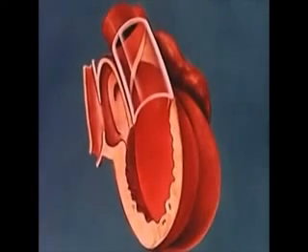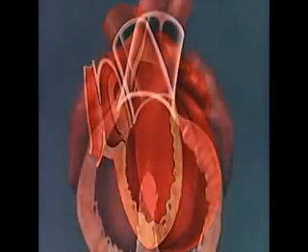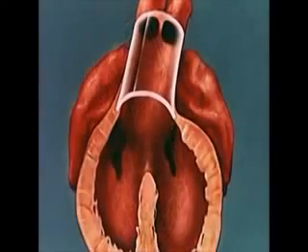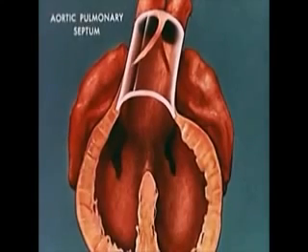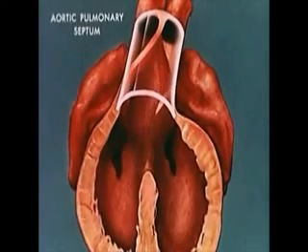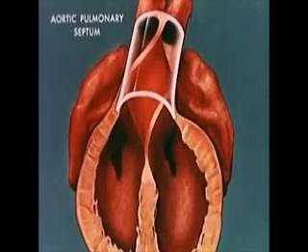The significance of the spiral aortic pulmonary septum is more readily appreciated in a frontal view of the heart. The aortic pulmonary septum executes a spiral of 180 degrees and swings into line with the superior margin of the interventricular septum. This process accounts for the manner in which the aortic and pulmonary trunks are entwined in the fully developed heart.